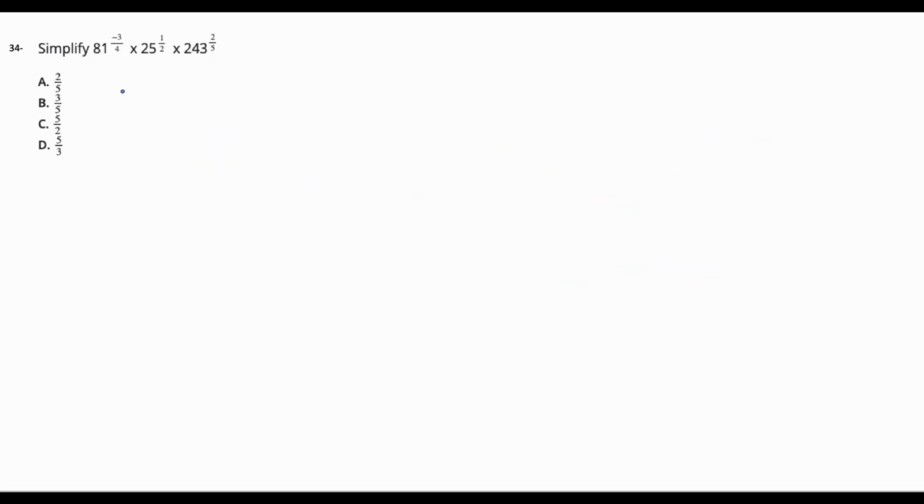Question 34 says we should simplify this expression here. So one law that we should have in mind is the law of indices that says that A raised to power m, all raised to power n, is the same as A raised to power m multiplied by n. So if we apply that to this expression here, our expression is 81 raised to power minus 3 over 4 multiplied by 25 raised to power half multiplied by 243 raised to power 2 over 5.